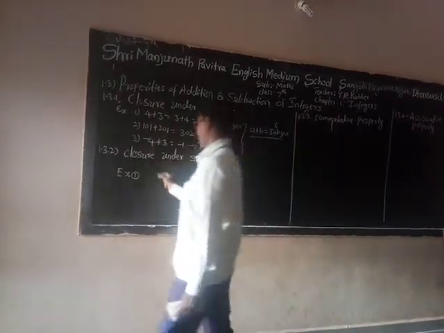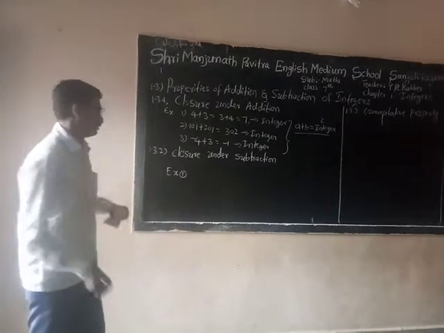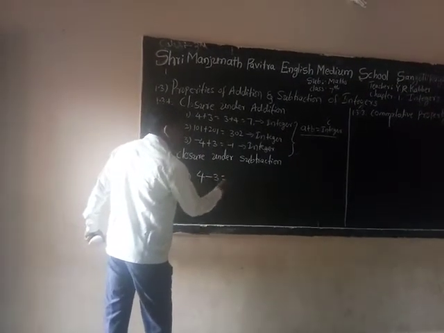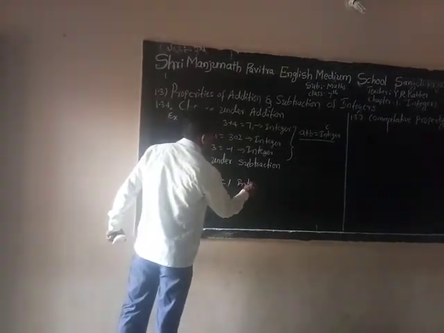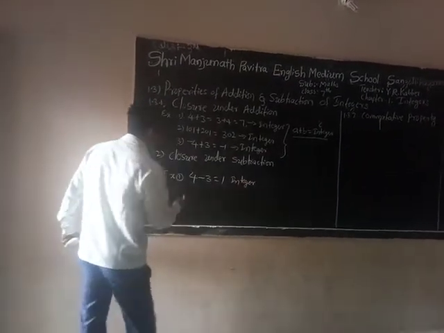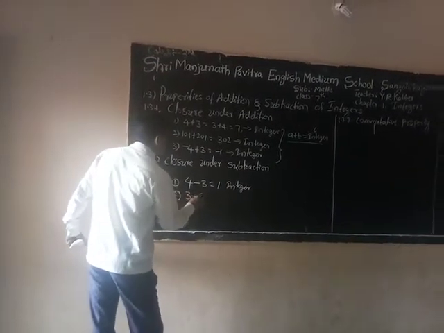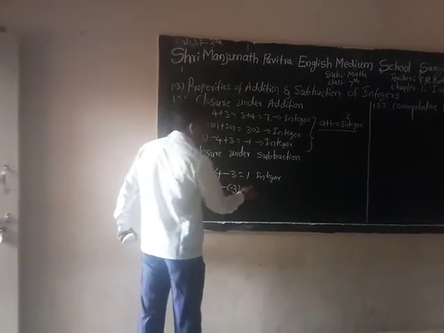Next, closure and subtraction. For example, 4 minus 3 we get plus 1. This is also an integer. Next, 3 minus of minus 3 is equal to, minus into minus is plus, we get 6.